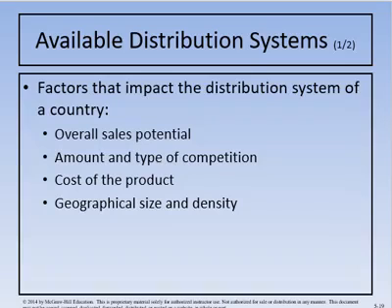Then the available distribution system, and the factors that impact the distribution system. Of course, you want to look at the sales potential, the competition, the cost of the product, especially the cost of shipment, and the geographical size and density.